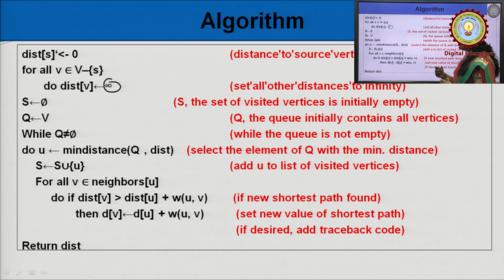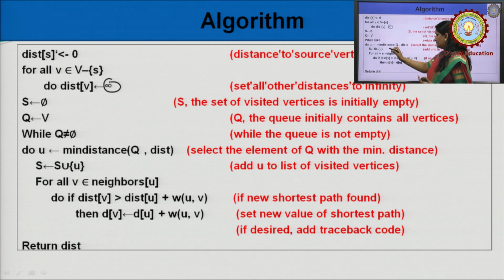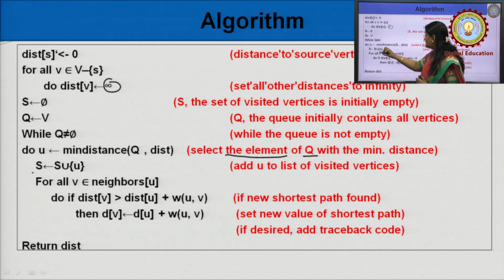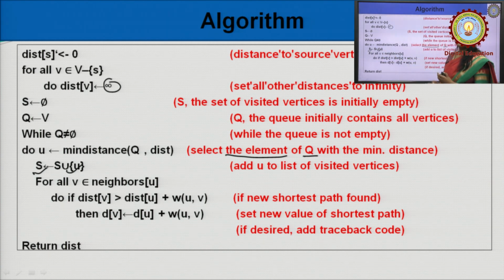Now the while loop will run until our Q becomes empty. Find the minimum distance in the Q and add this vertex to S, the visited vertices.